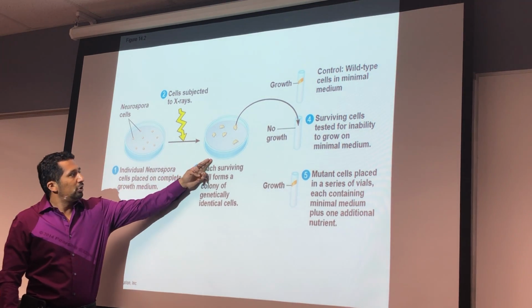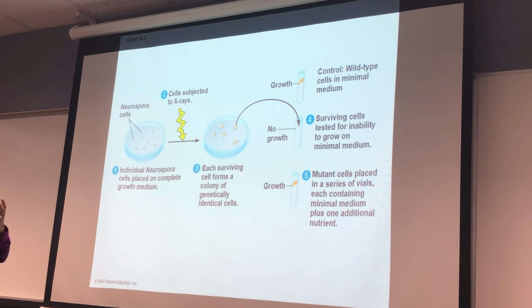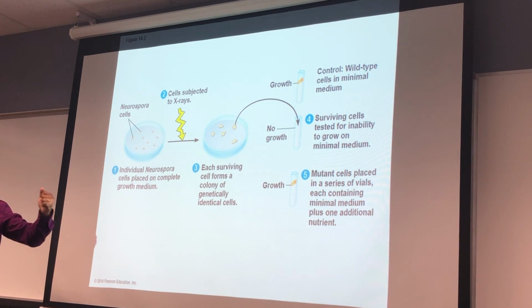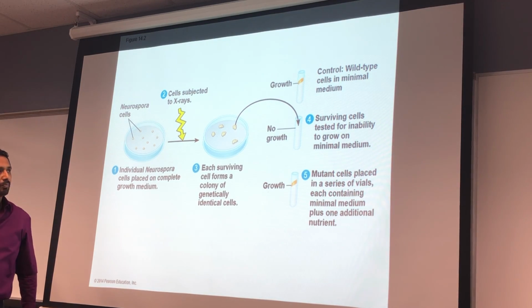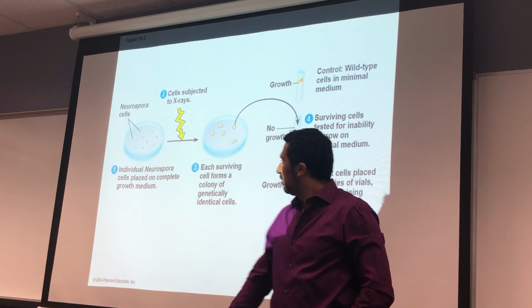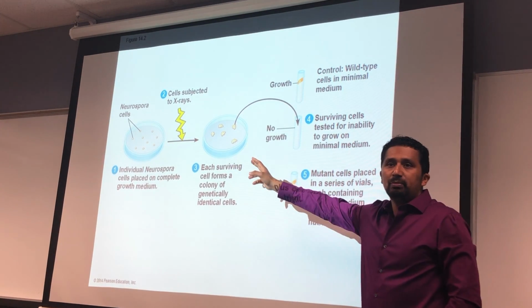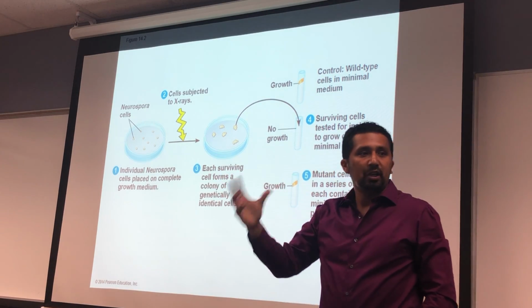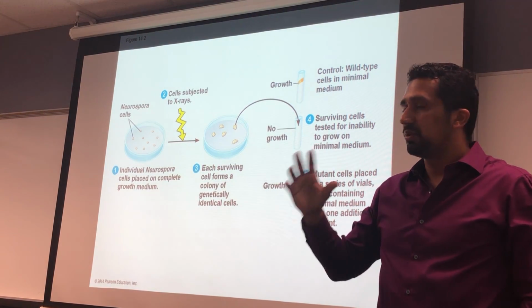Then you put these surviving cells here, and they will form colonies of genetically identical cells, because they are born from one another. Those colonies are millions of cells, okay? So these have been mutated. They're able to grow on this complete media because it has the arginine, so they don't have to worry about that.